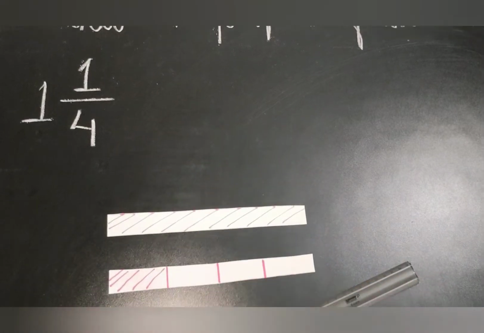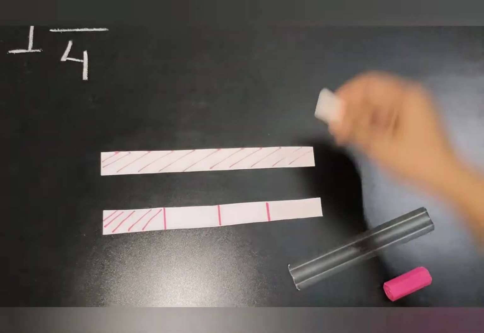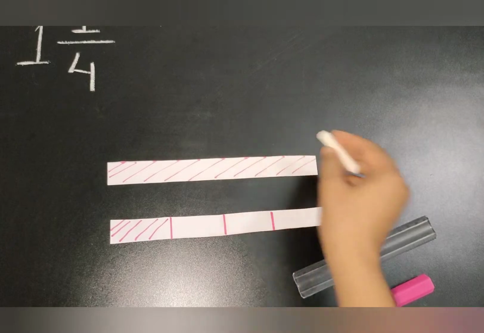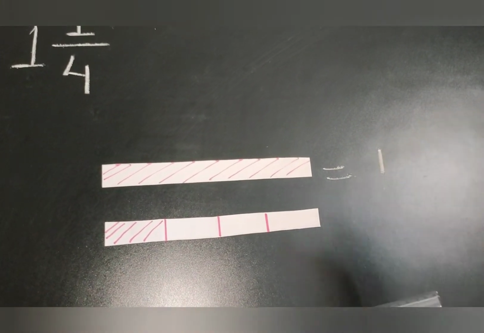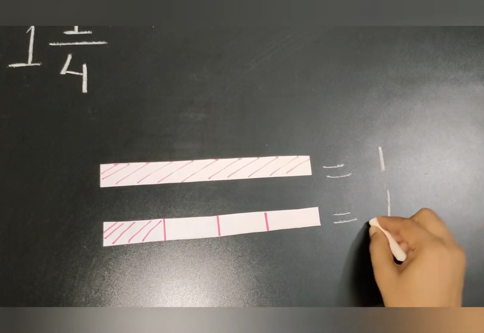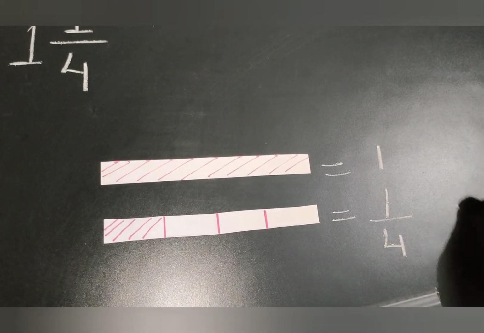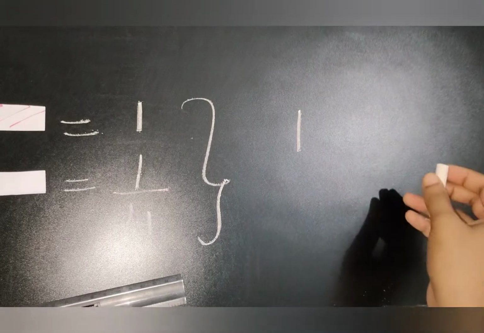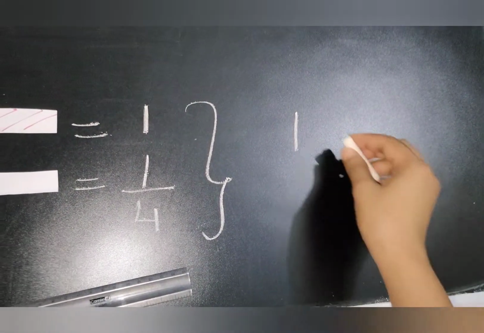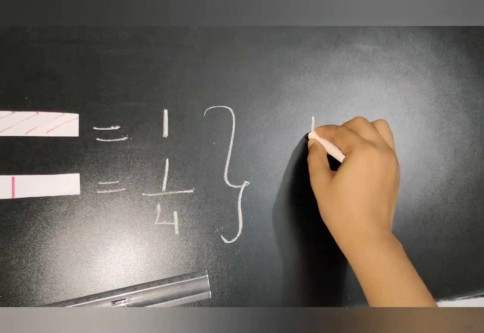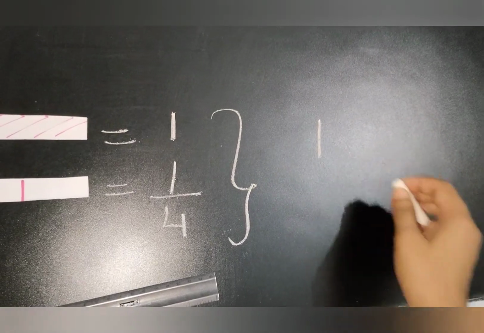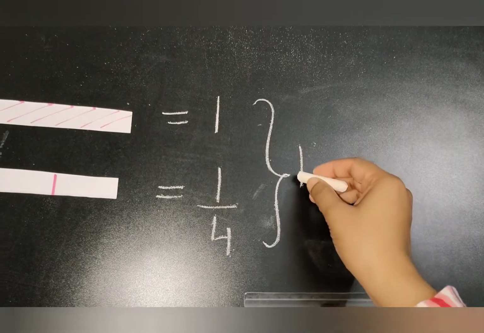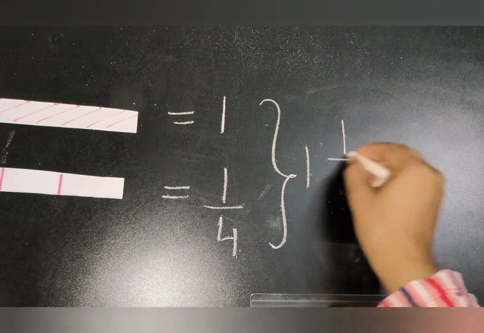If you look closely, you will find this as 1 and this as 1 by 4. So you can also tell 1 as the complete one, and this one represents the whole part and 1 by 4.